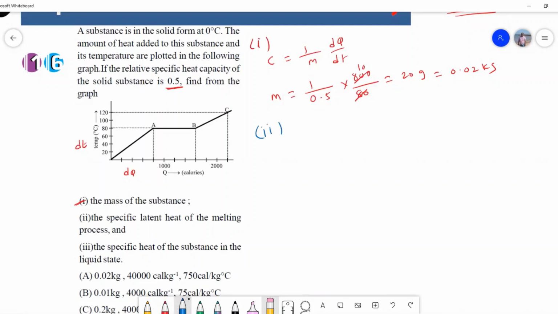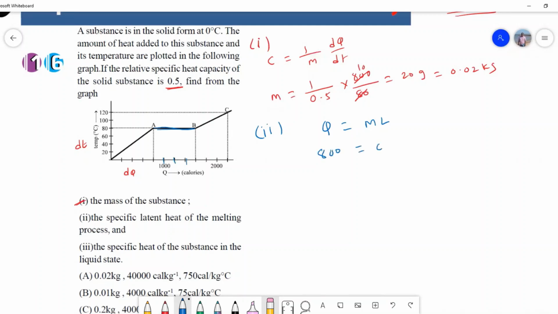The specific latent heat of melting. Here it starts melting. This is the specific heat of melting. So let's take Q is equal to mL. Here again 1, 2, 3, 4, so 800 calories of energy supplied.